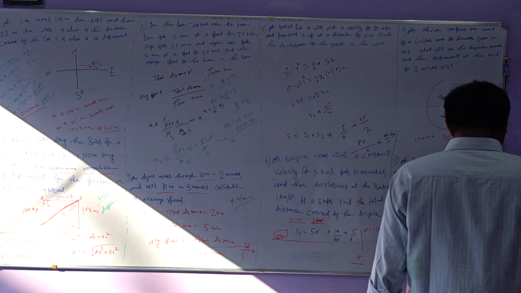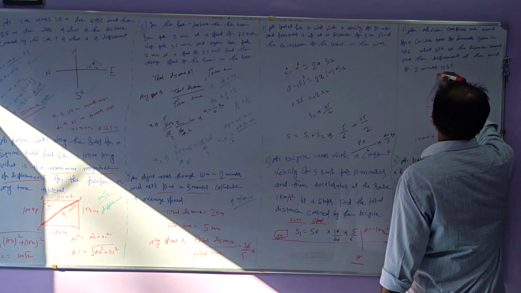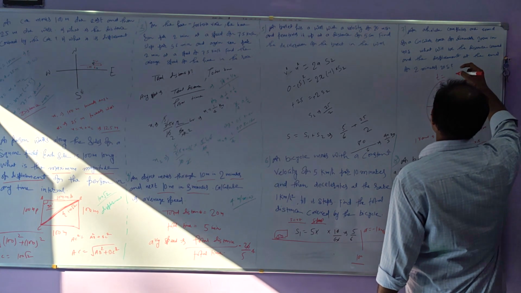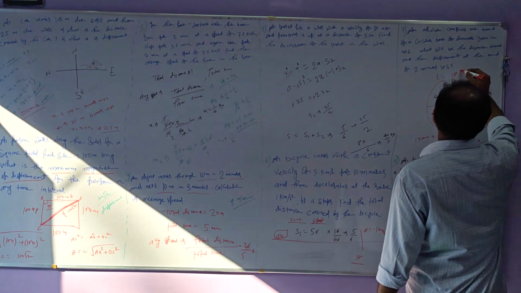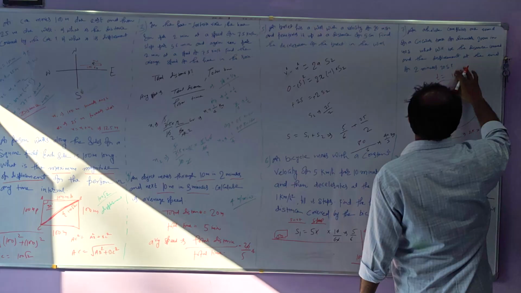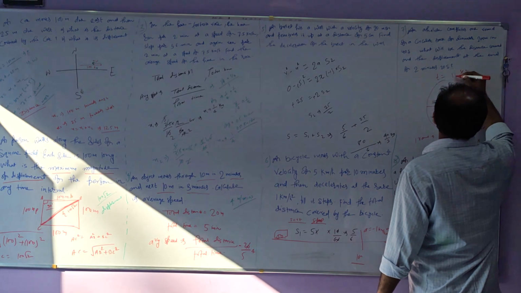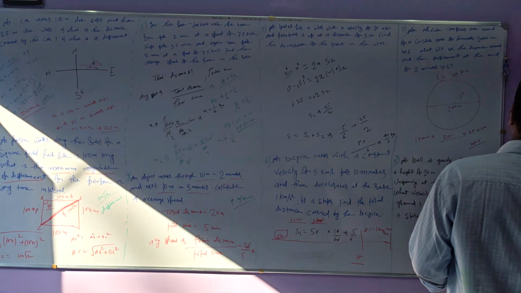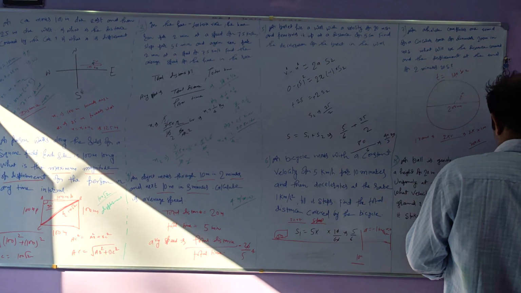And we need to find out for t equal to 2 minutes 20 seconds, that means 140 seconds. We need to find out distance and displacement.